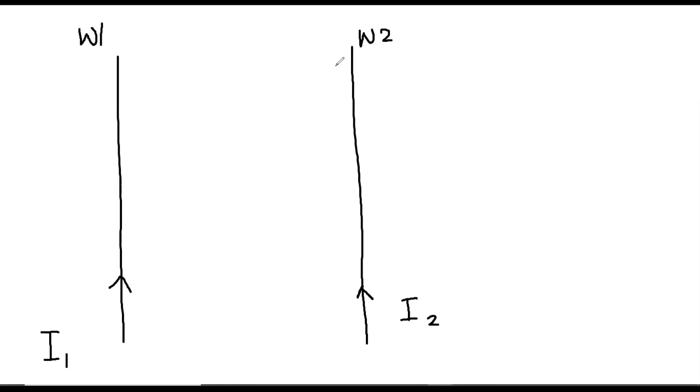We are going to find out what is going to be the effect of placing two parallel conductors closer, carrying current in the same direction next to each other. What's going to be the effect of this on the conductors that is going to carry current? So we are considering infinitely long, straight, parallel conductors that are going to carry current, right?